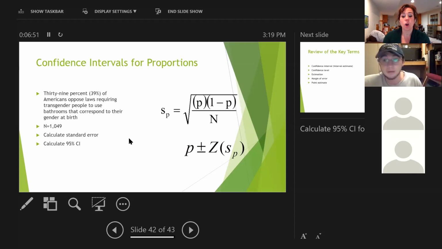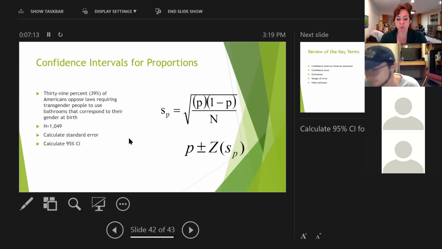No, 95 is the confidence level. What is my proportion? Where do we see a number that looks like a proportion? In the first little bullet point. So when it says 39% of Americans, that's my proportion.